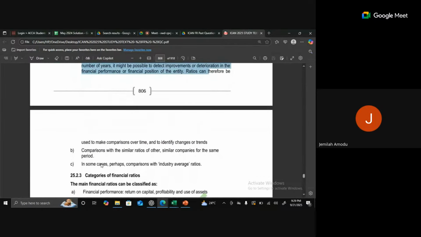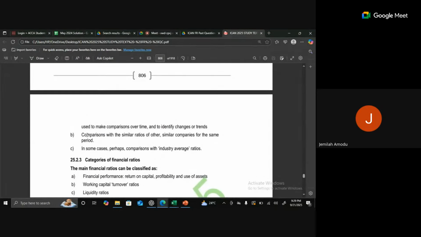The second way is comparison with similar ratio of other similar companies for the same period, right? You're into bakery, you can use your own ratio to compare with that of another bakery within the same period. Okay, this also bakery, this is their performance for 2025. This is our own, right?